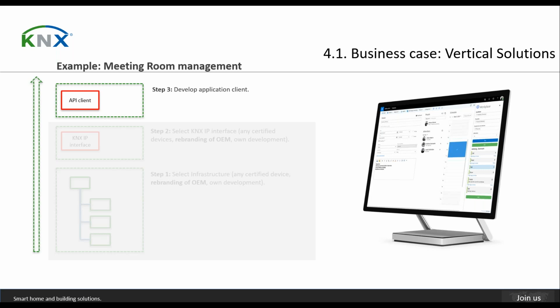There's a KNX IoT interface to create that bridge of information with the IT side, and then the API client, which is connecting to this IoT interface, and it is performing the logic, visualization, user interface, user experience. So this is a vertical solution built with KNX IoT.